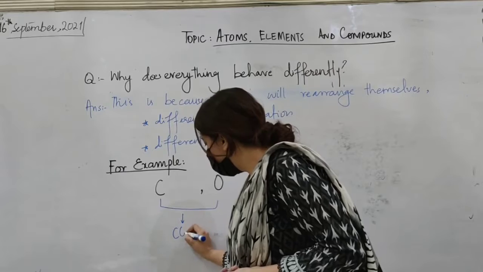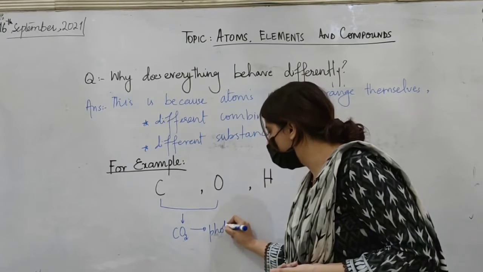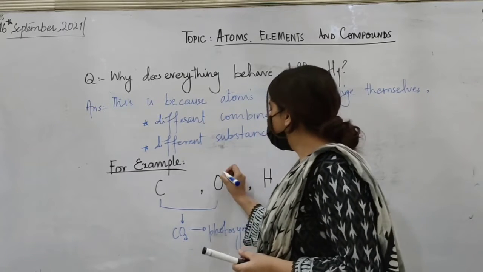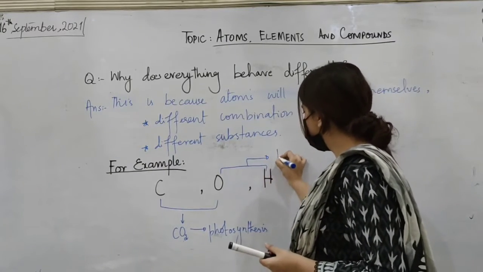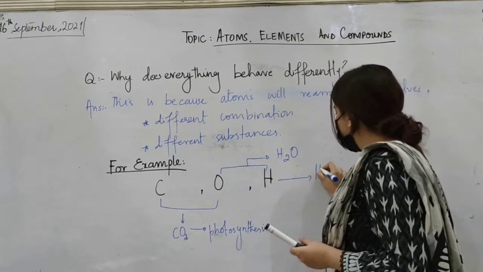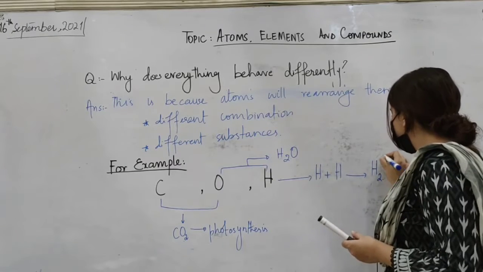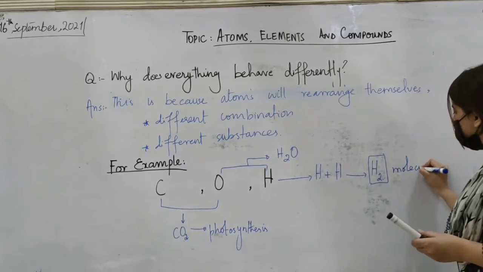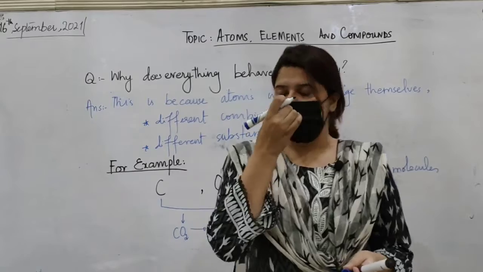We will have carbon dioxide gas, and that gas is very important in the process known as photosynthesis. If we try to combine oxygen and hydrogen, we will have a water molecule, right? Hydrogen molecule. Now here I'm going to tell you the difference between an atom and an element.